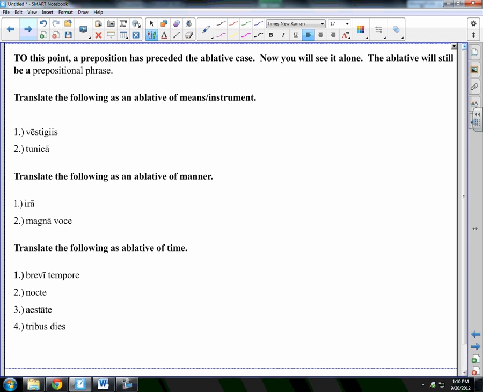So if I translate this as an ablative of means, what would I say? Well, I look at it, I know it's plural, I know it's ablative, I know that I'm trying to use means, so I would say by footprints. I could also use with footprints or by means of footprints to translate that into the ablative of means.